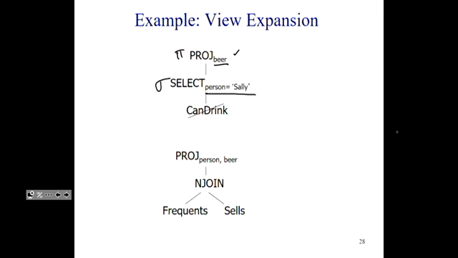Internally the database system would replace this canned drink invocation with the subtree corresponding to the relational algebra meaning of that view, which is project person comma beer on the result of the natural join of frequents and sells. Okay, so that's what this view would get expanded out to.